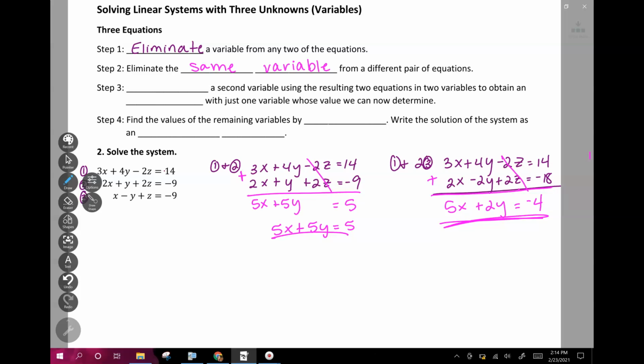All right, so now I've got two equations with two variables. And so now with those two equations, we're going to move on to step 3.